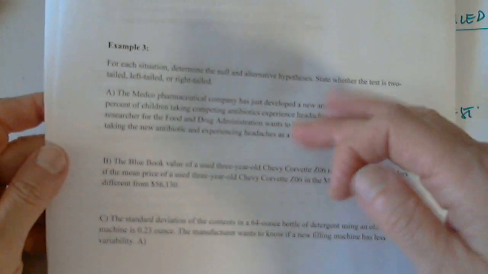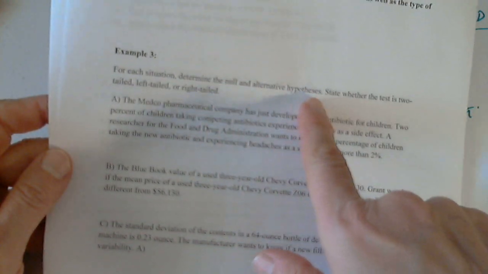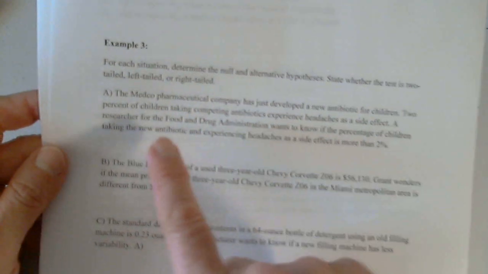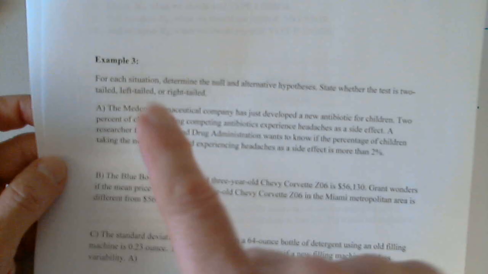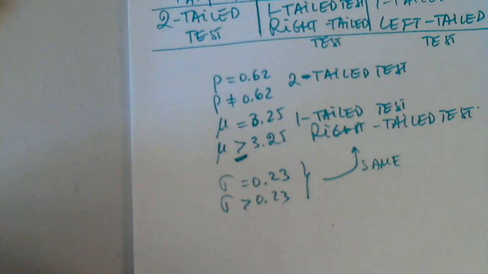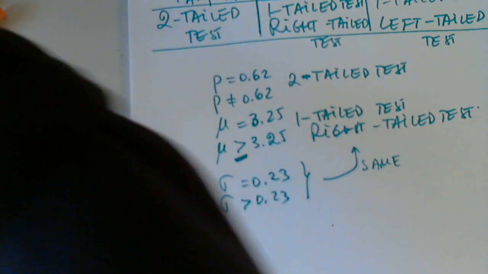Okay, more examples on determining the null and the alternative hypothesis, and if we are facing a two-tailed test, a left-tailed test, or a right-tailed test. So let's start. This is example 3.